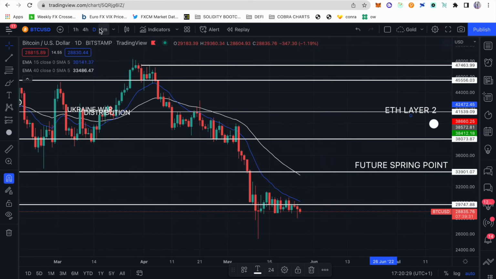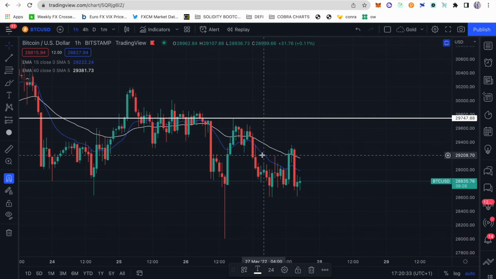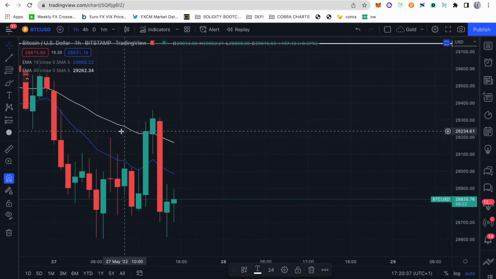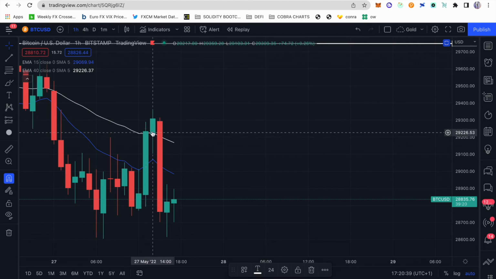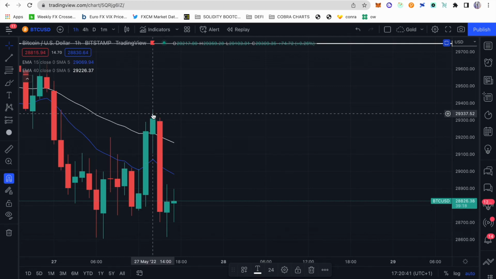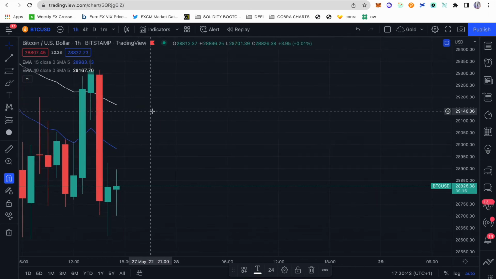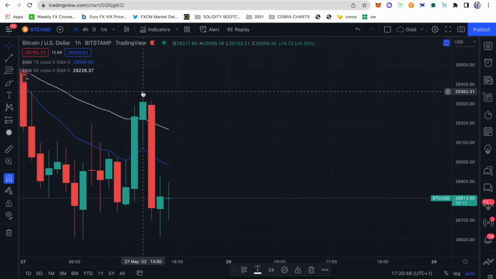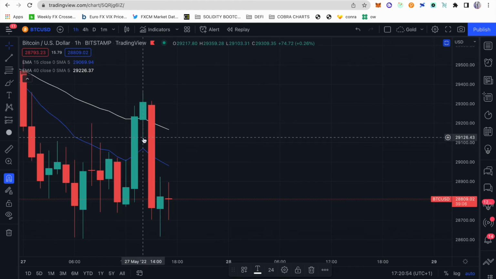As we're in a bearish swing, it's important for us to understand what these candles represent, right? So let's look at this bullish candle here. The top of the wick is the highest price it went, and that's the wick to the tail there. 29,362 was the highest price this wick went, and the lowest price the wick went was 29,101.